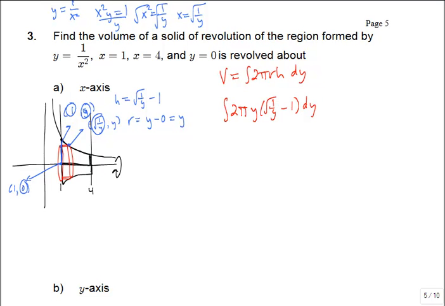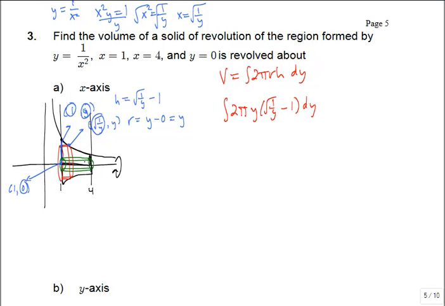Now before I finish those bounds, I want you to notice something. What happens if I take my slice down here? Now the mirror image would be over here, and I would get some circles like this. On the right, what am I bounded by? I'm bounded by 4. And on the left, I'm bounded by 1. Whereas up here, I was bounded by the curve on the right and 1 on the left.